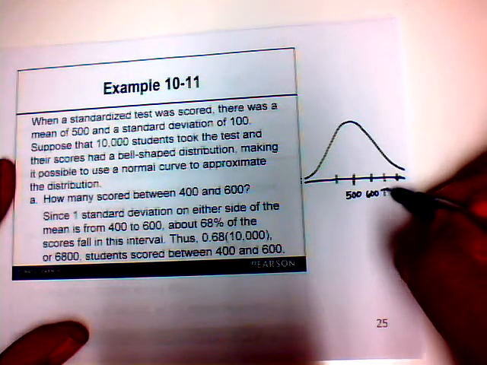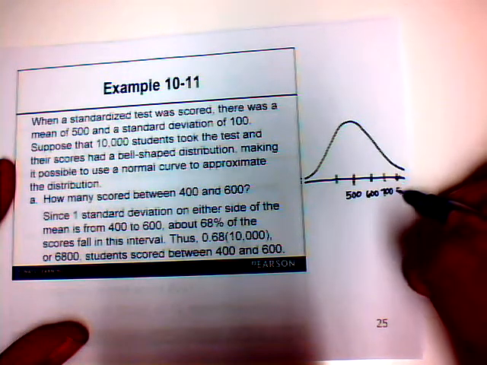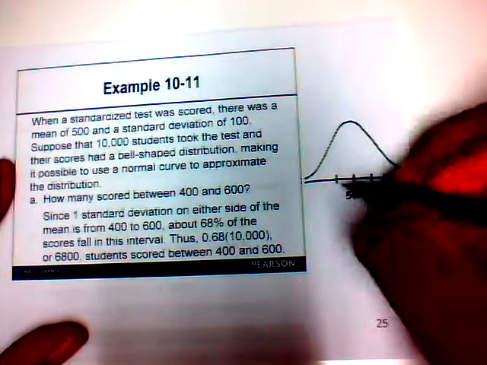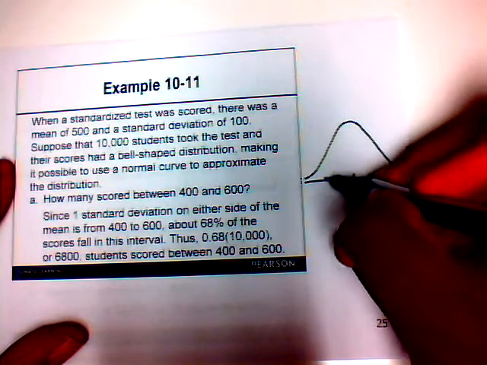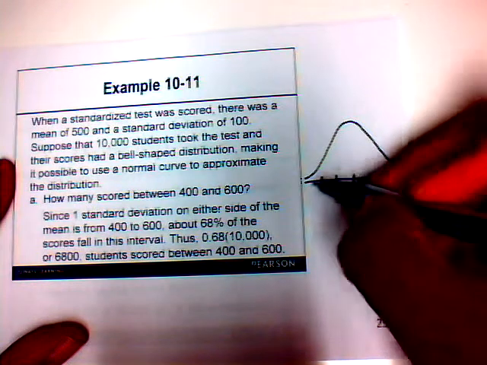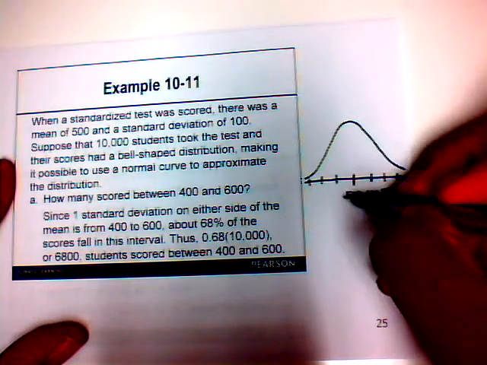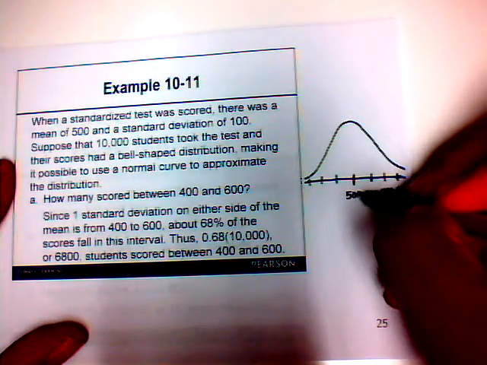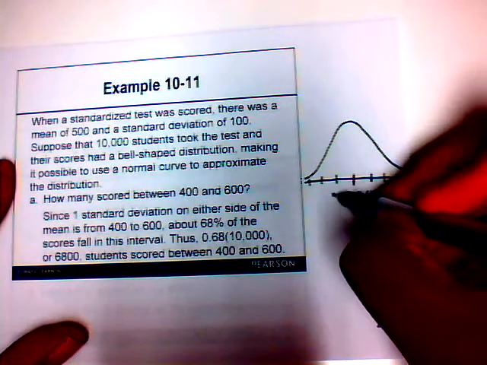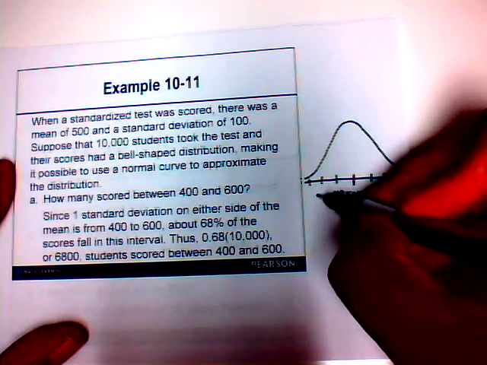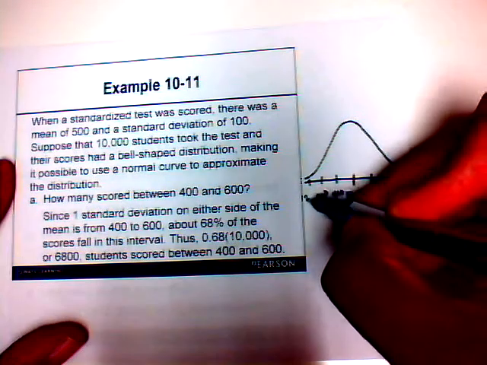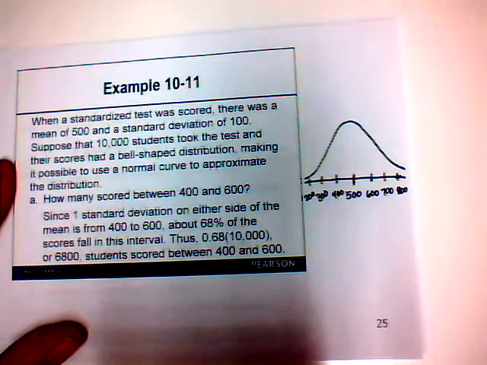Another standard deviation will be 700, and another will be 800. That's to the right. And to the left, if we subtract 500 minus 100, that'll be 400. Subtract another 100, that'll be 300. Subtract another 100, that'll be 200.